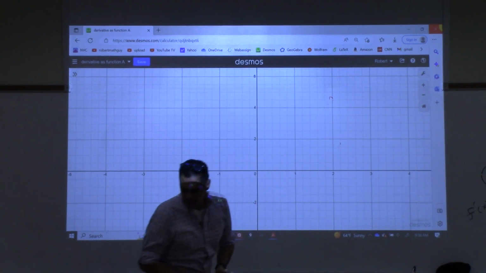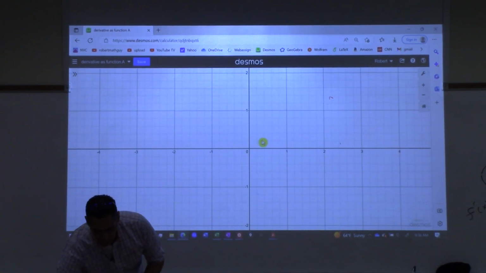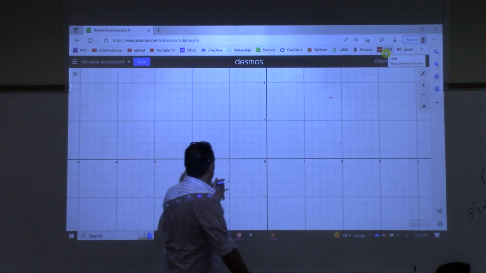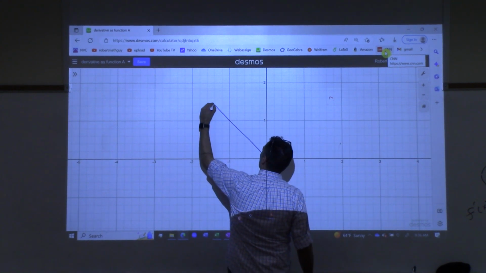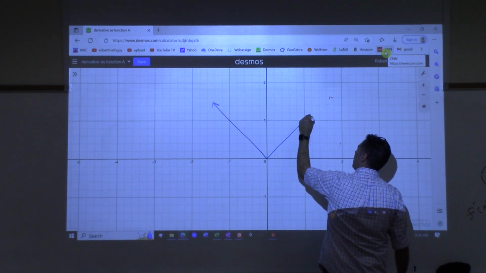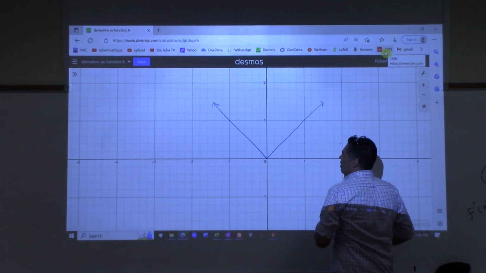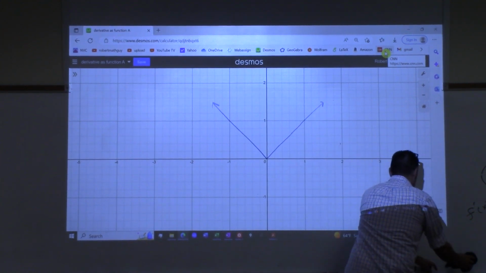Wait a minute, my scale's not right. Let me get back to the home version there. There we go. All right, so what if I draw this function? It goes like that. These are straight lines. Okay, that's not a curve, that's a straight line. Hold on, time out. I did the original function in red, didn't I?